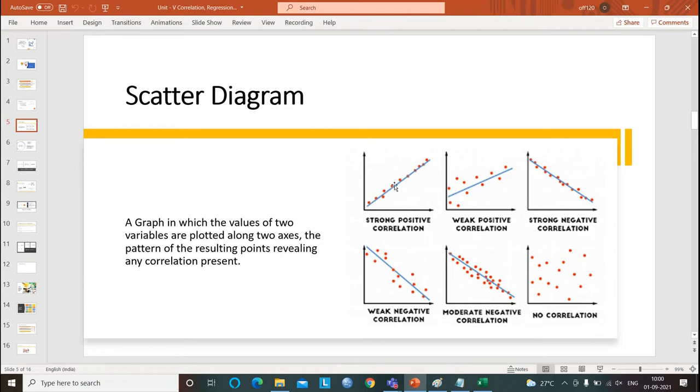That means if the x values are increasing, the y values are also increasing. If the graph is going at a 45 degree angle, then we say it is a positive correlation.